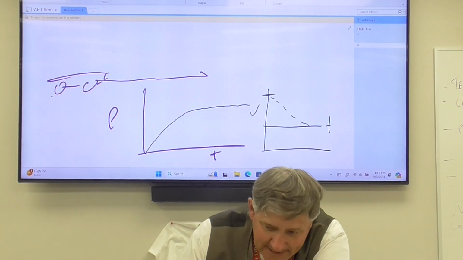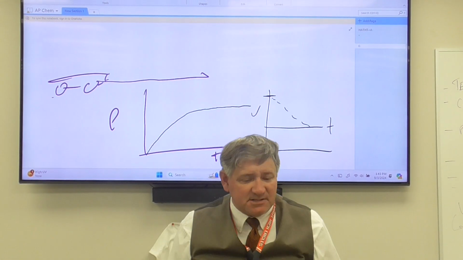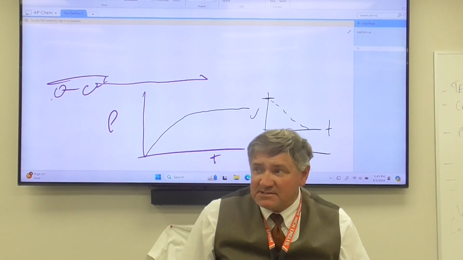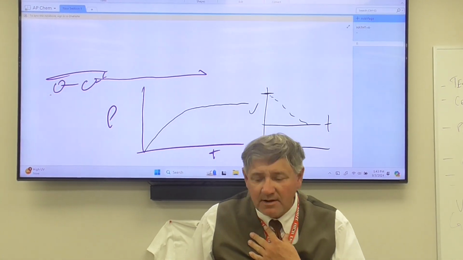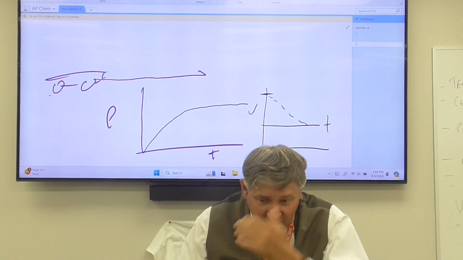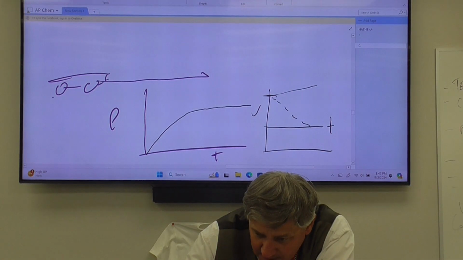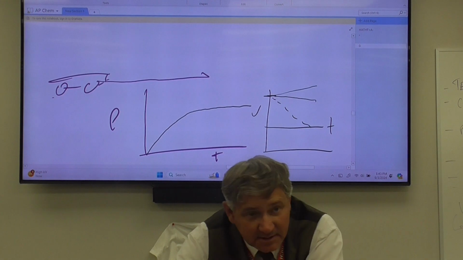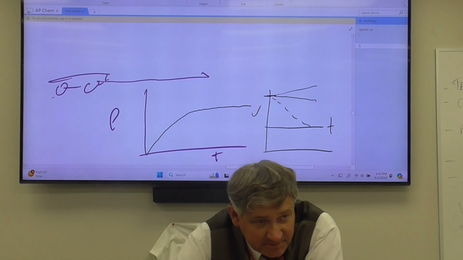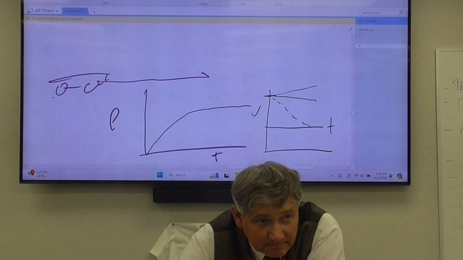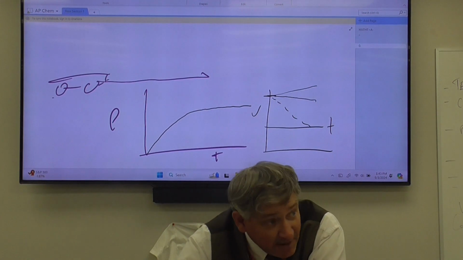So the dashed line's bad. Let's start with this. Leave me stopping it out of the story. You've got one of two choices. Either the line is going to have a shallow slope up or a shallow slope down. Mitchell, which one? Up or down? Down, because it's slowing down a little bit.